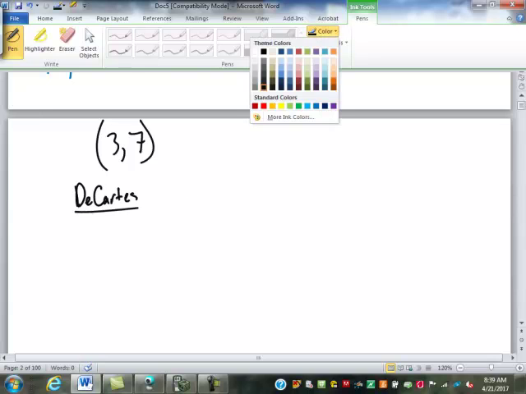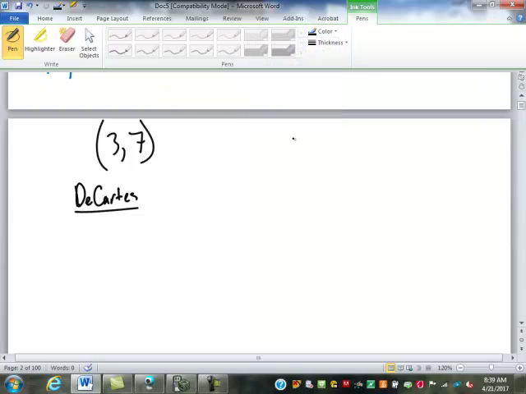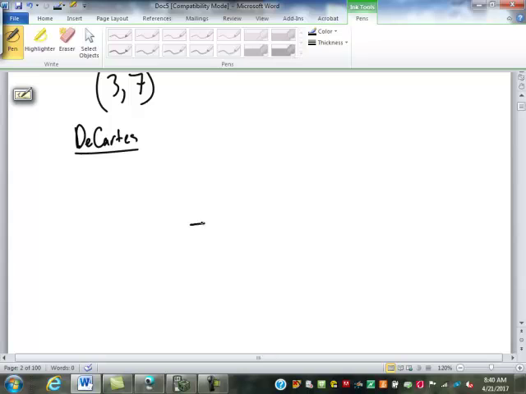And what Descartes came up with was, we're going to take this number line and we're going to use one of them just like we always do, with the 0 in the middle, positives going off to the right, negatives going off to the left, just like always.